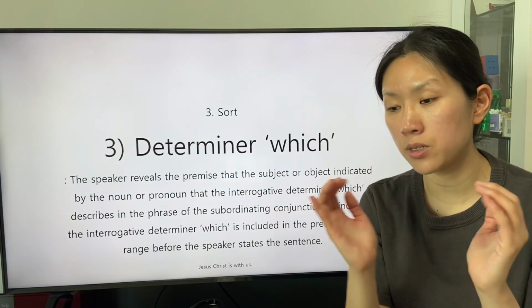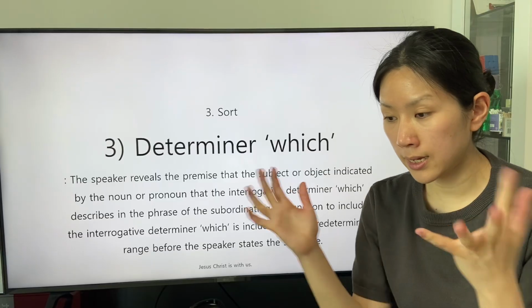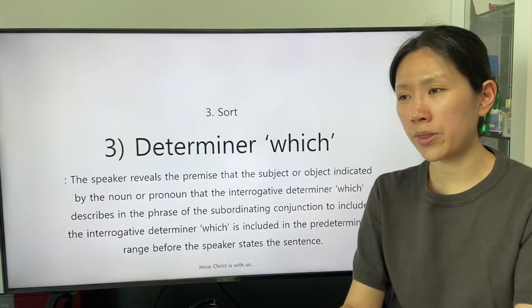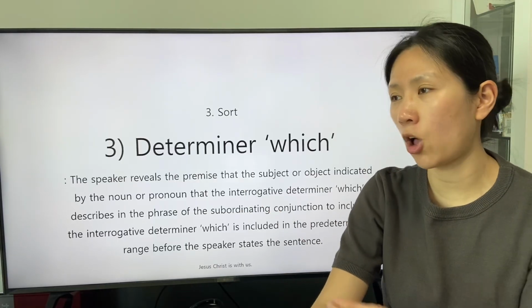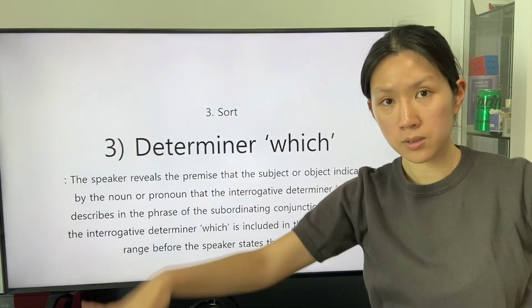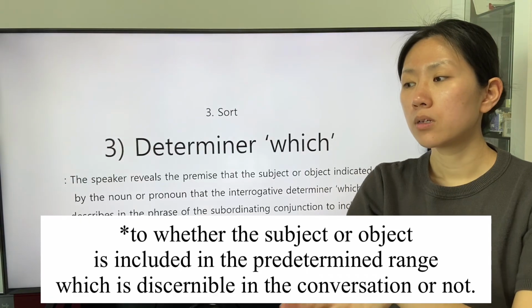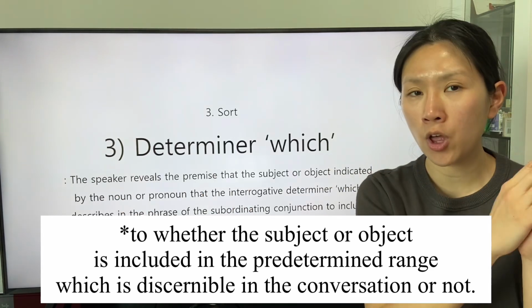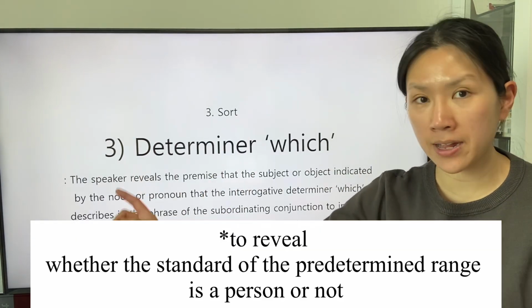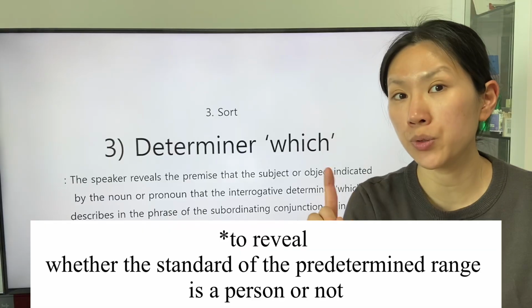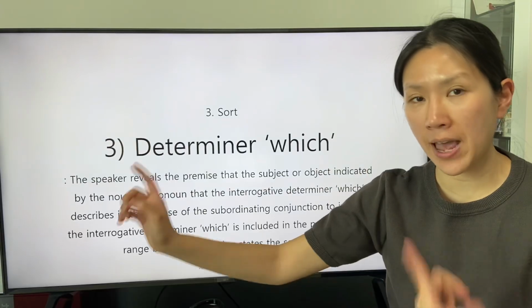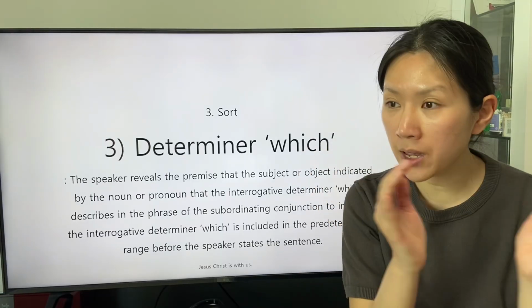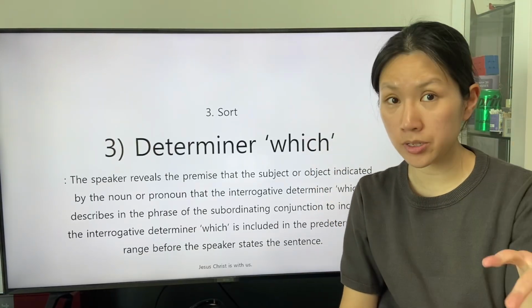The predetermined range is specified into the classification whether the subject or object is a person or not. This classification is valid when the pronoun who indicates a subject or an object that is a person.